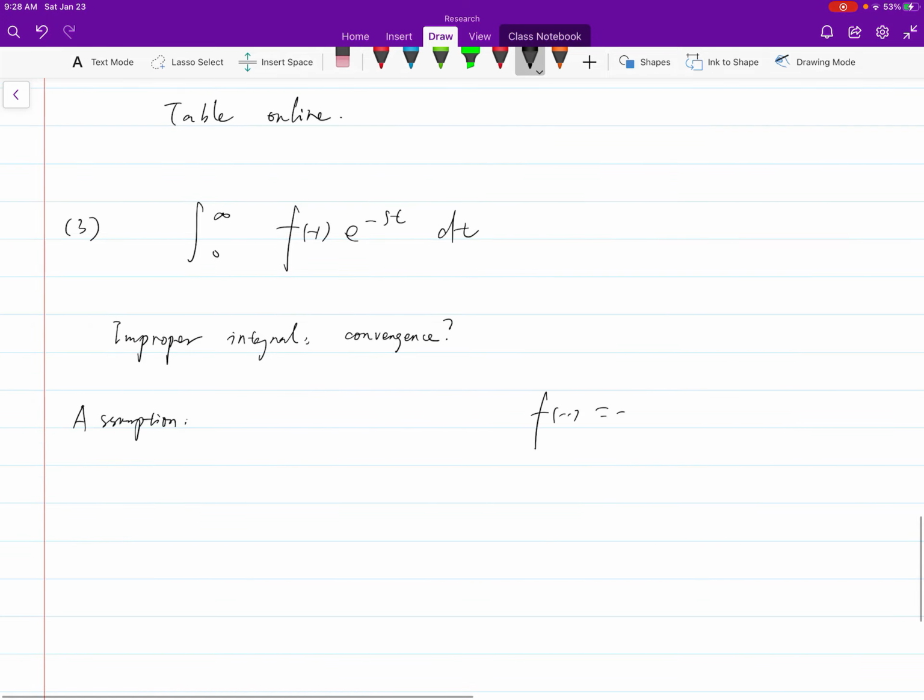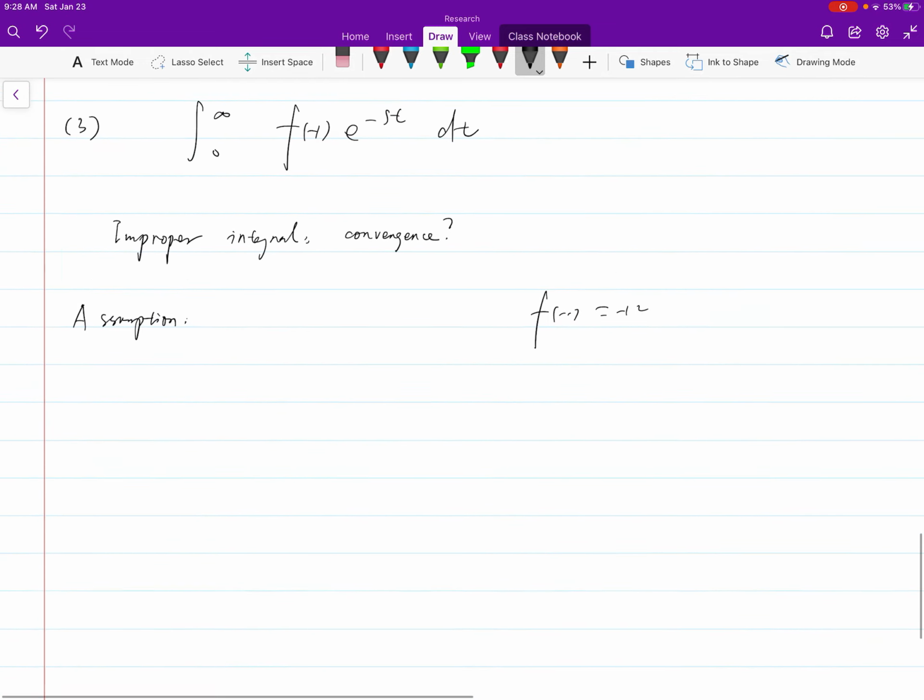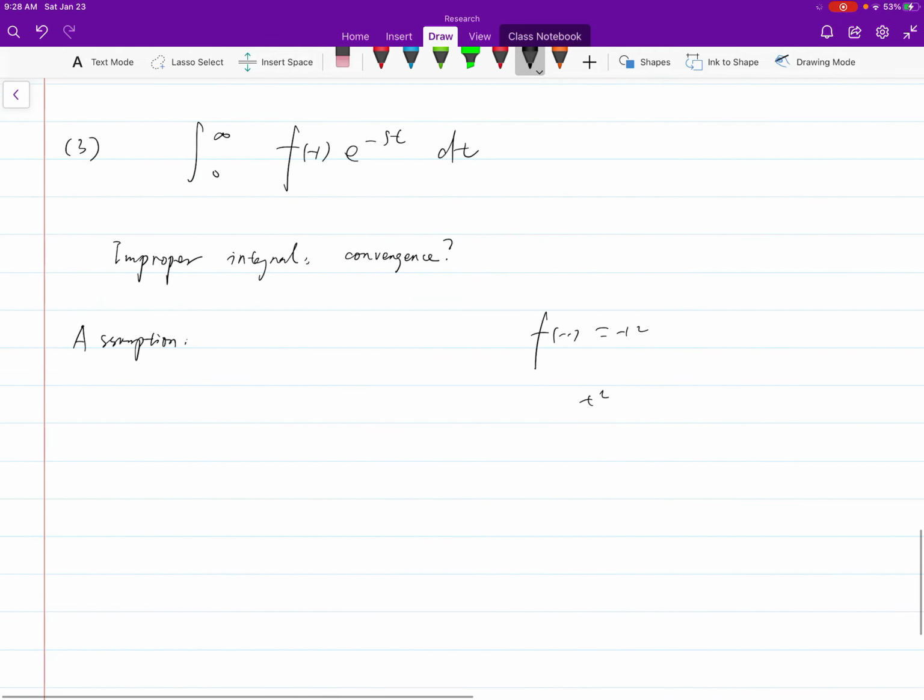If you take f(t) equals t squared, which goes to infinity as t goes to infinity, you have t squared times e to the negative st. If your s is positive, the exponential is going to dominate whatever polynomial you put there. So everything about polynomials is okay. Therefore, as long as your f(t) is not ridiculously big, it's going to be fine.